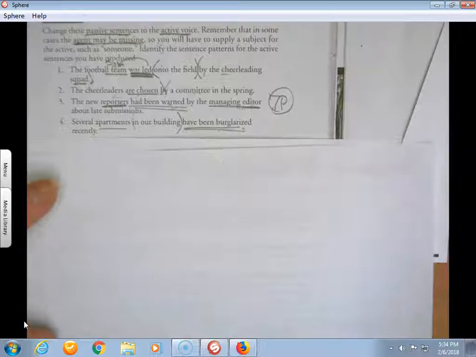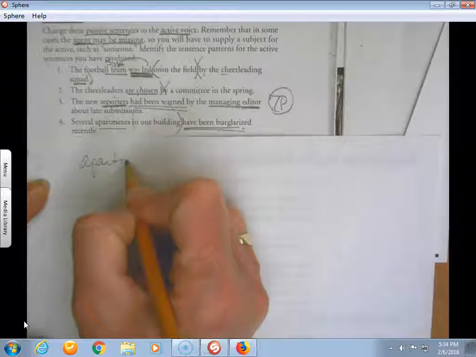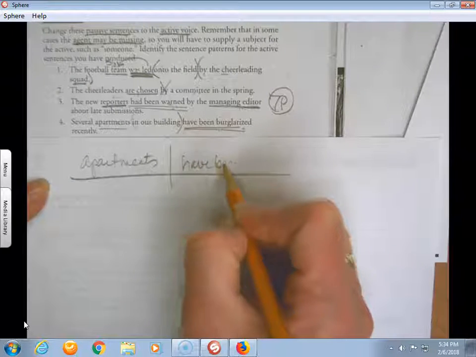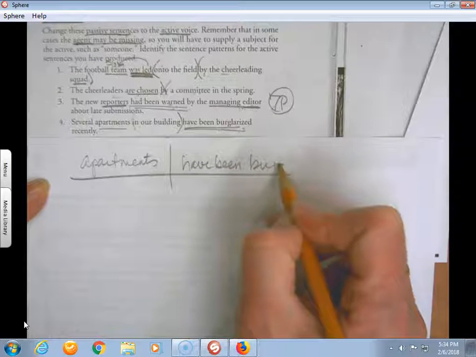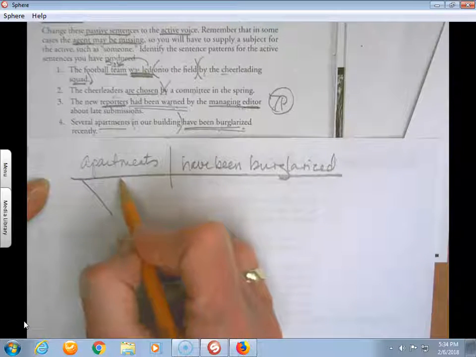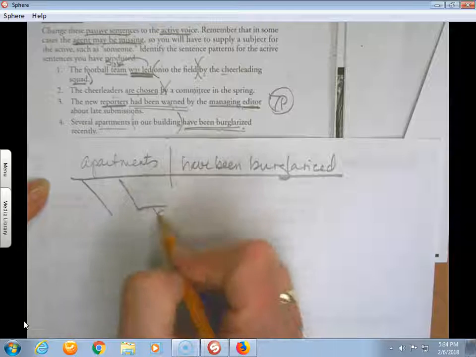Okay, so let's diagram the passive. Apartments have been burglarized. Several apartments in our building.